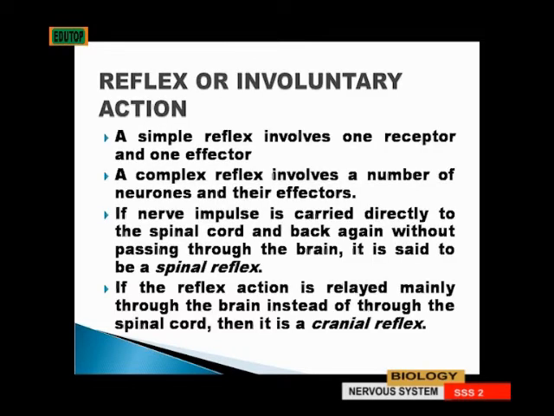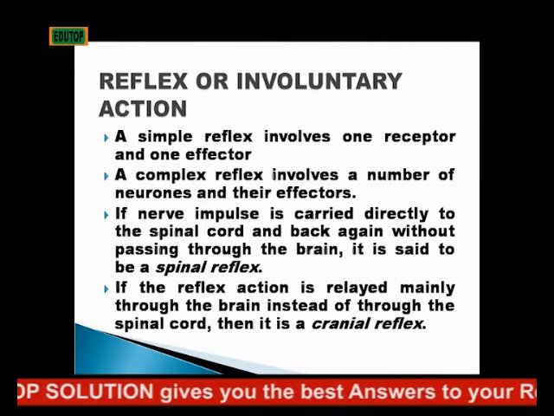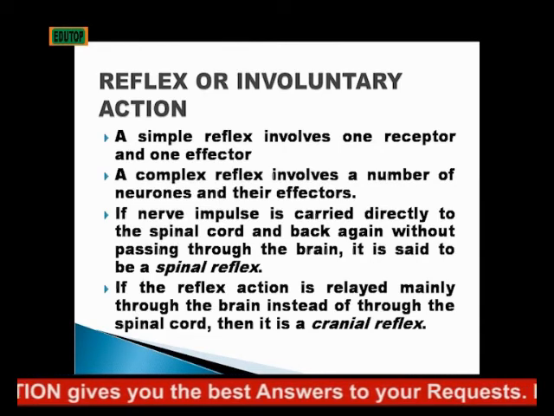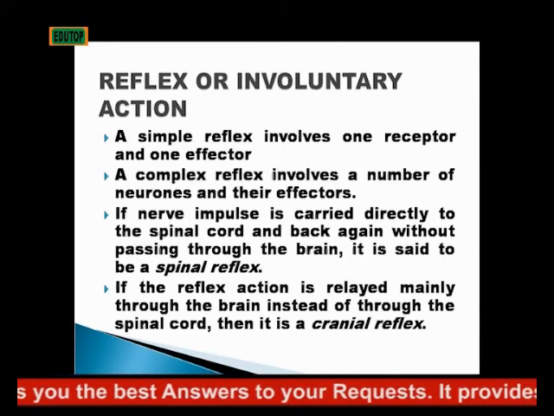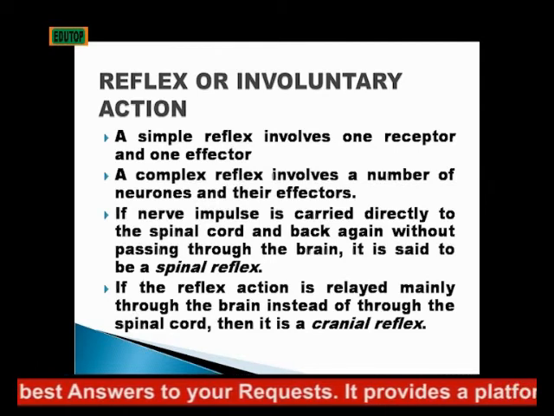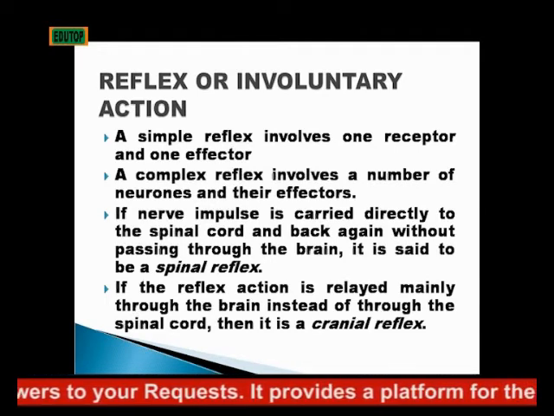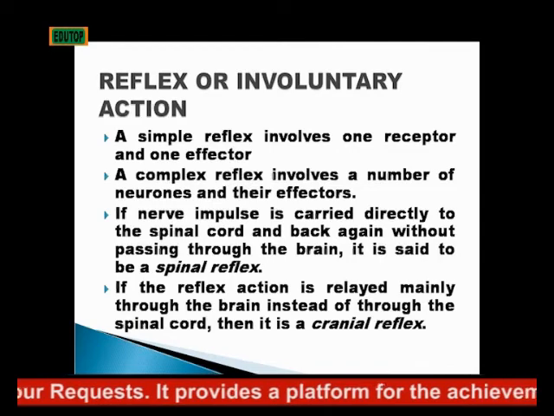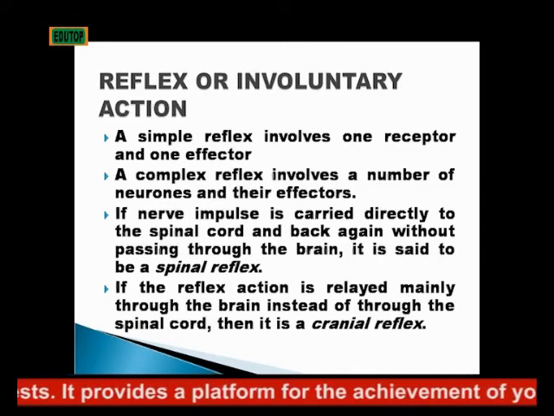A simple reflex involves one receptor and one effector, but a complex reflex involves a number of neurons and their effectors, or a number of receptors and their effectors. If a nerve impulse is carried directly to the spinal cord and back again without passing through the brain, we call that a spinal reflex because it involves the spinal cord.